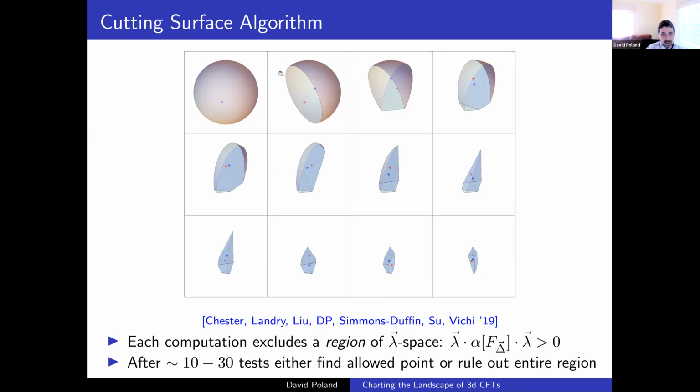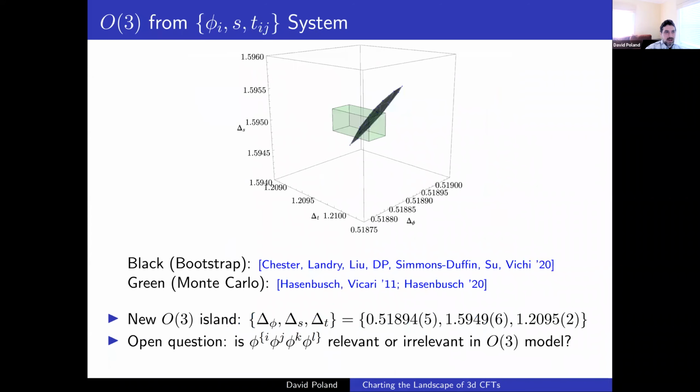So you can use that to whittle down the allowed parameter space until you get some small region, and then you test a point in the middle of that region and finally find something that's allowed. Okay, so that should at least give you a sense of what we're doing to actually map out this parameter space.